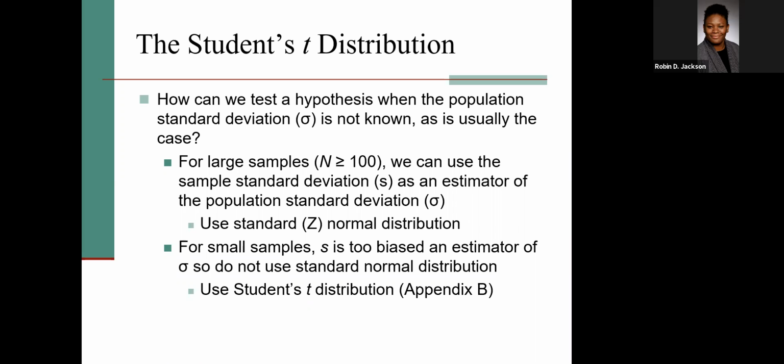As you start having more and more numbers in your sample, the larger your sample gets, the closer you get to the normal curve. Instead, if you have a sample that's small and you don't know the population standard deviation, this is when you use the student T's distribution, which is in appendix B of the textbook.